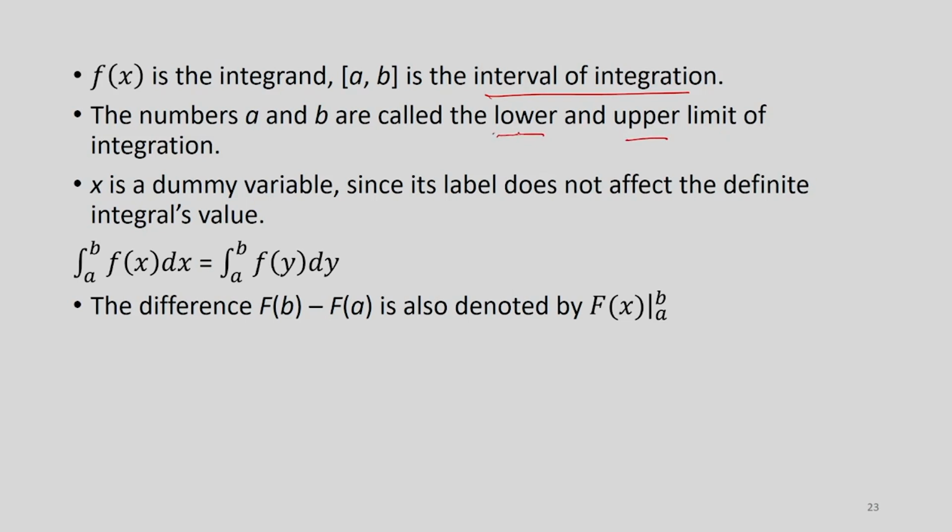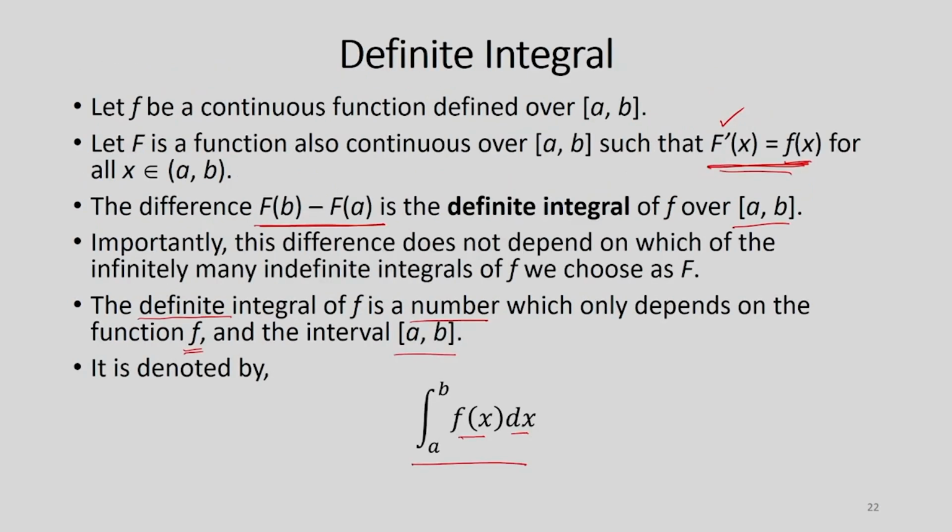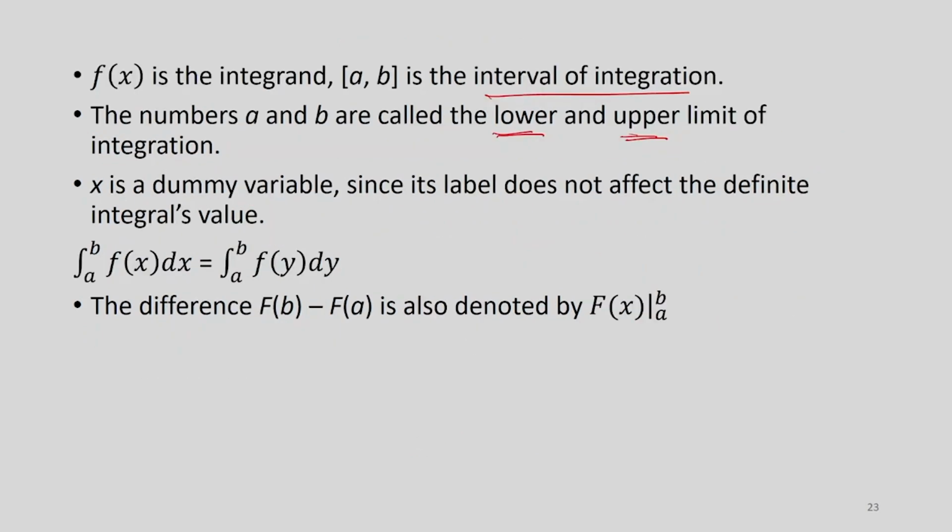So, from where to where the integration is being done, those two things a and b are called the limits. One is called the lower limit, the lower value, and the other, the higher value, is called the upper limit.